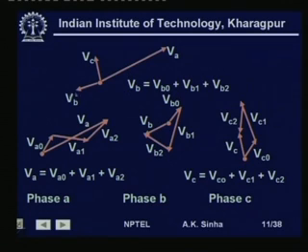So, we see by having different magnitudes and angles of these phases in symmetrical components, when we add them we can generate any unbalanced set of 3 phases. So, in reverse we can say that any unbalanced set of 3 phases can be resolved into these 3 sets of symmetrical components, that is positive sequence component, negative sequence component and 0 sequence components.